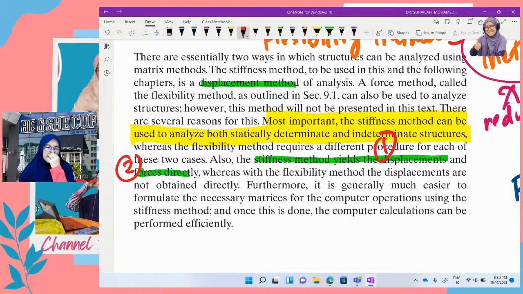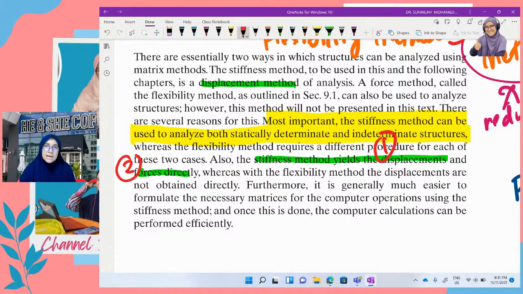In the flexibility method, we can only calculate reactions, and we cannot get displacement directly. When we want to calculate displacement, we have to apply another method called the principle of virtual work.